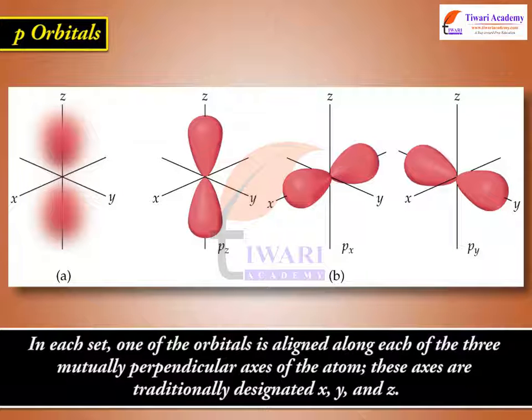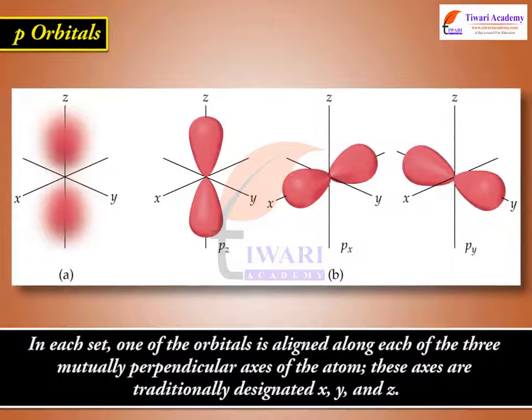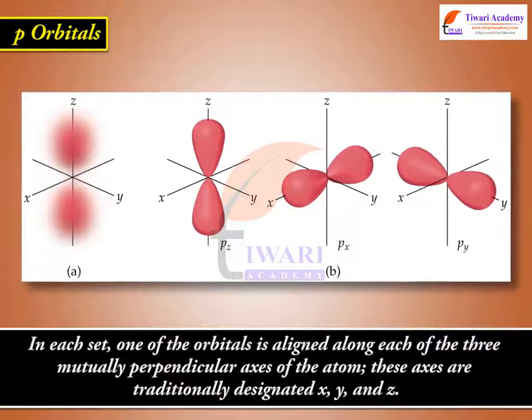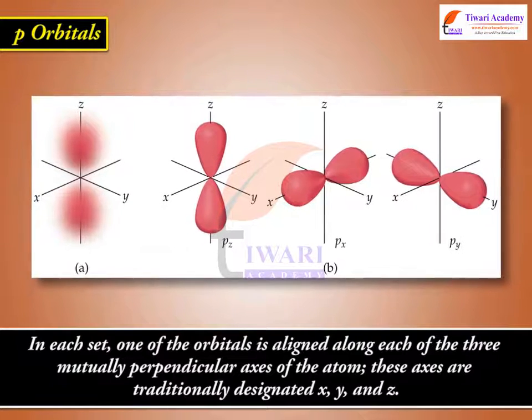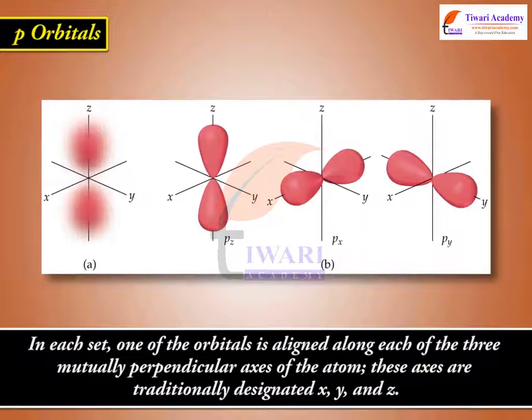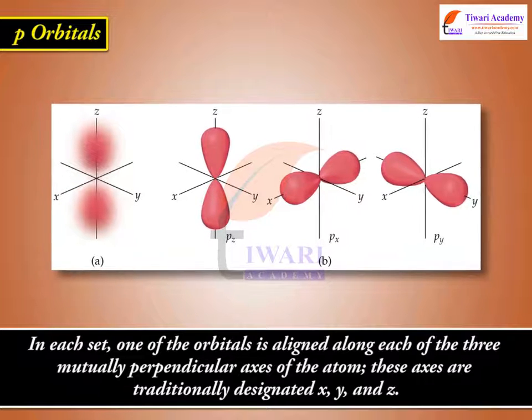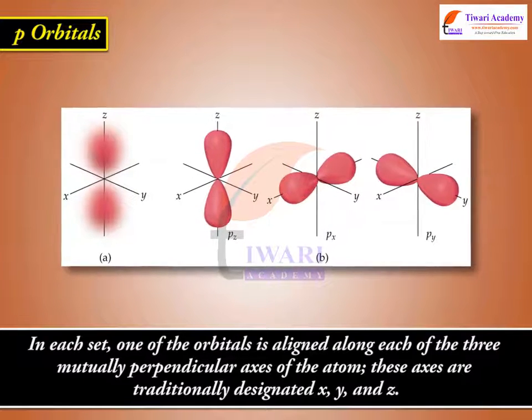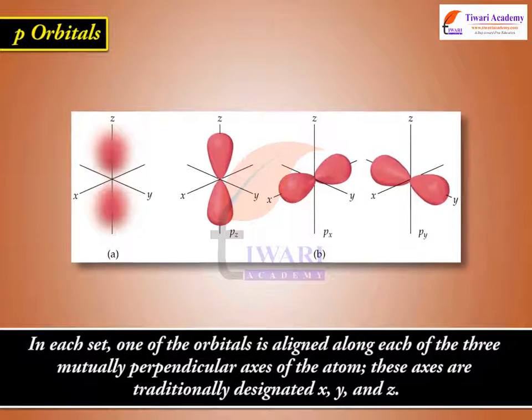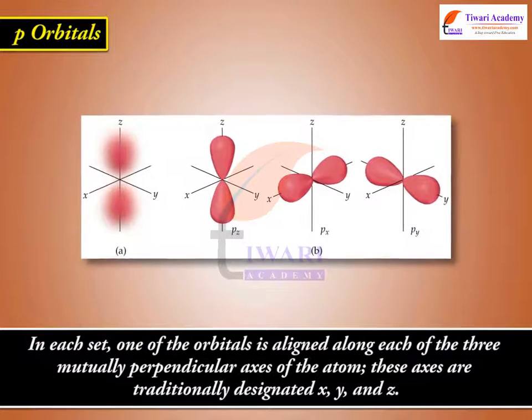In each set, one of the orbitals is aligned along each of the 3 mutually perpendicular axes of the atom. These axes are traditionally designated X, Y, and Z.